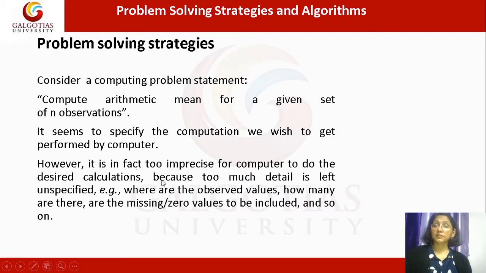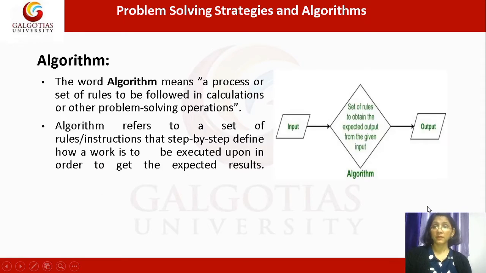However, it is in fact too imprecise for the computer to do the desired calculations because a lot of things are not specified here. For example, what are the observed values? How many are there? Are missing or zero values to be included? What are the types of values that we are going to use for computing the arithmetic mean? And so on. Now, let us come to the algorithm.